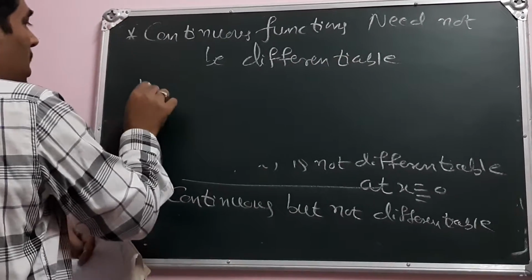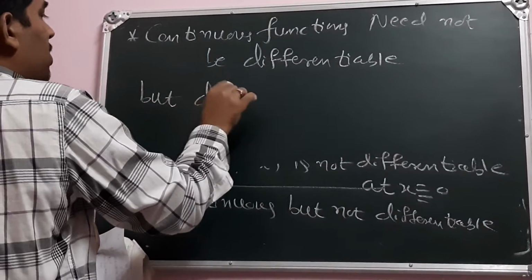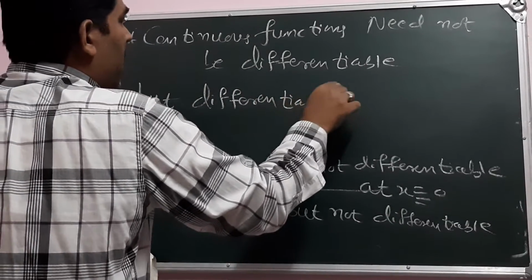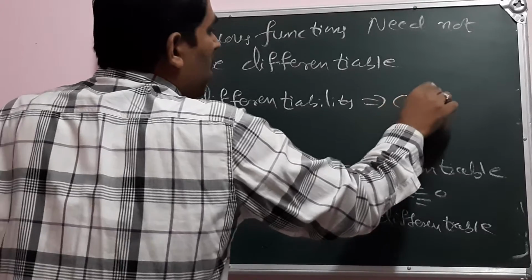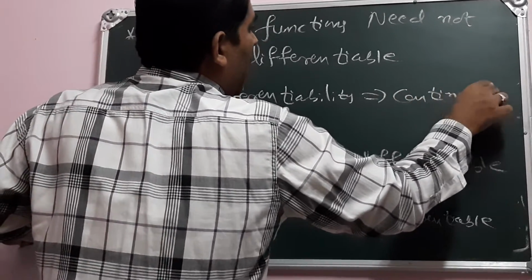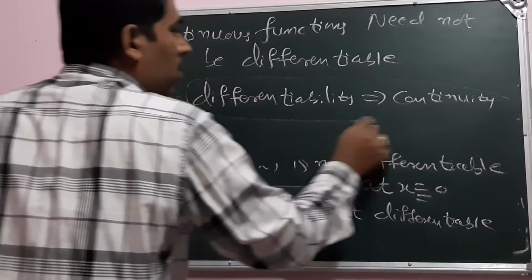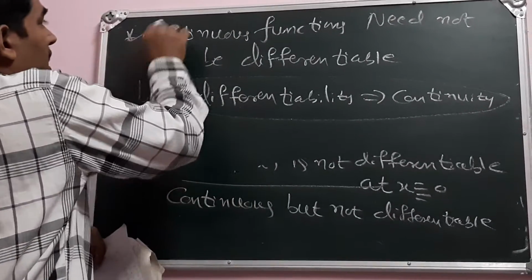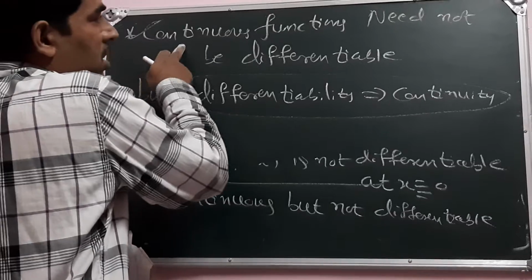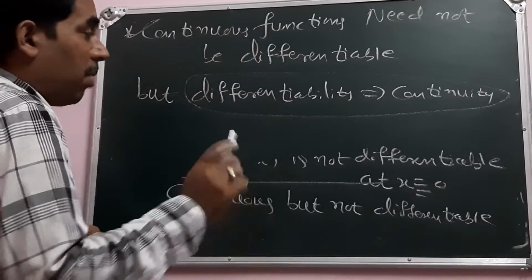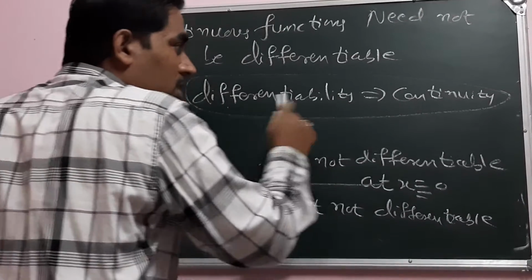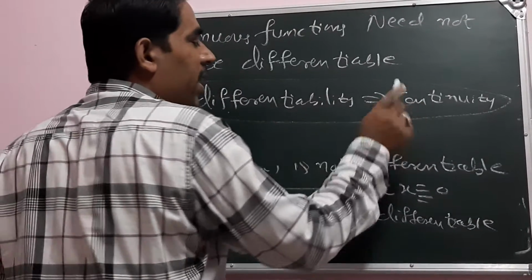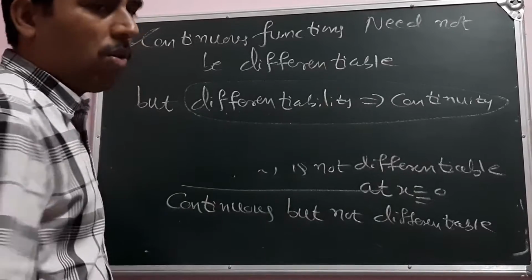But differentiable functions, or differentiability, implies continuity. We have discussed examples related to this. So functions may be continuous, but they need not be differentiable. But a differentiable function will be continuous. That is why I have written differentiability implies continuity, but not the other way around.